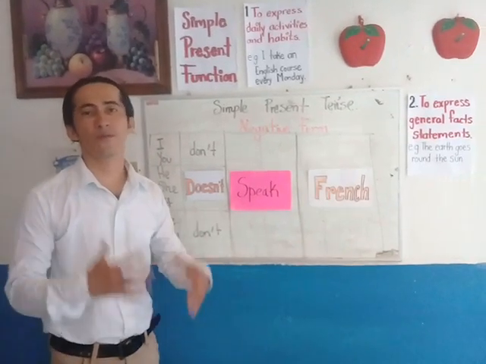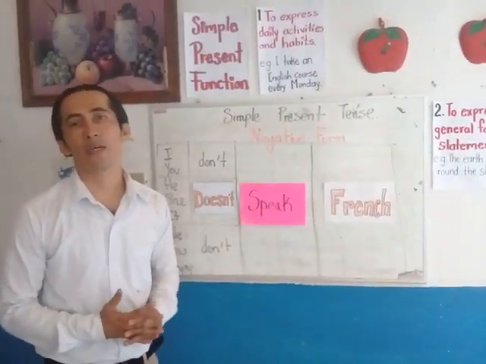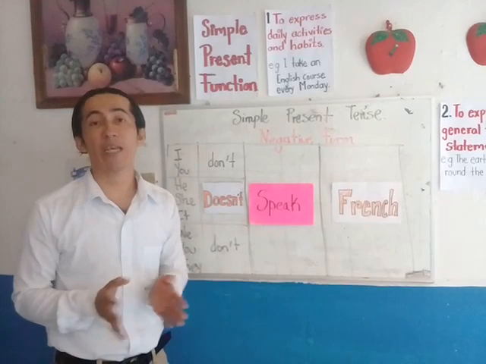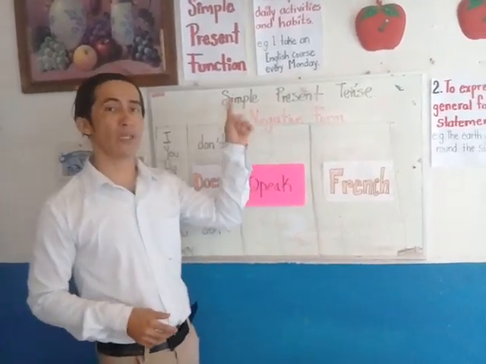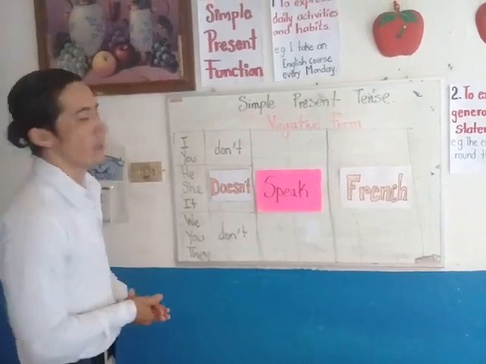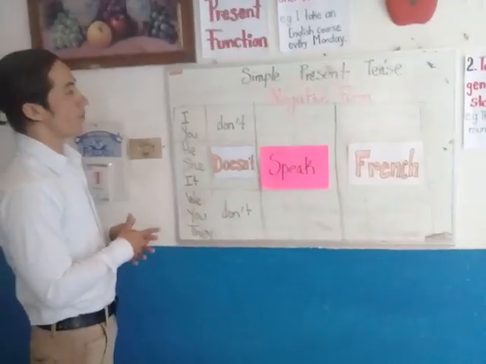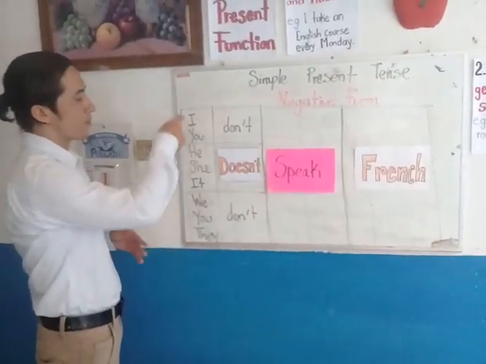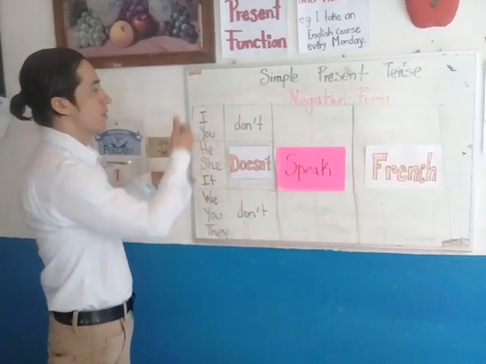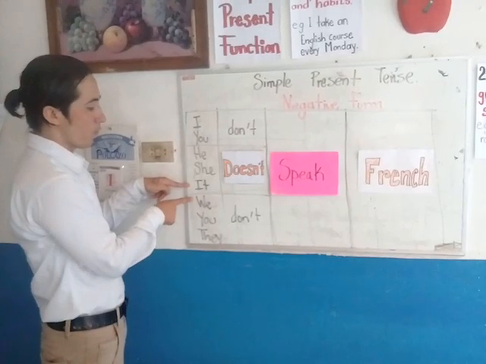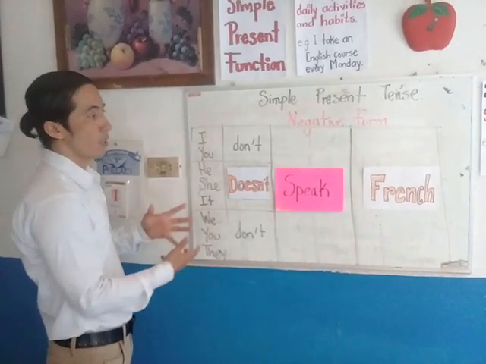Just to finish our class today, I'm going to explain something really important that you have to know when we use the negative form in the simple present tense. We have the pronouns, for example, I, you, he, she, it. Remember, from here to here it's the singular form. From we to they is the plural form.